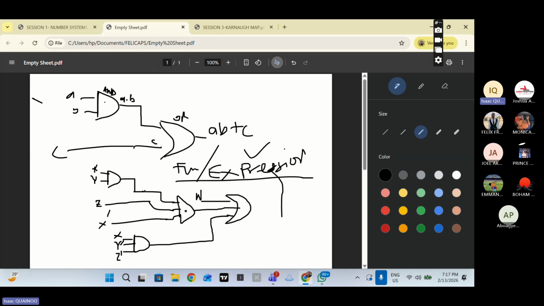So let's solve this together and let's see what we are going to get. I stated during the last session that if you are working something like this, the first thing you are supposed to ask yourself is what kind of logic gates are we using here, or were used in that particular section.